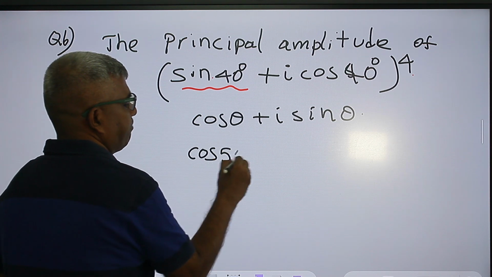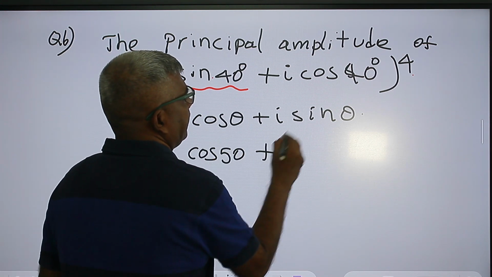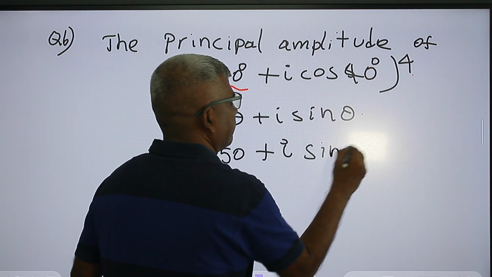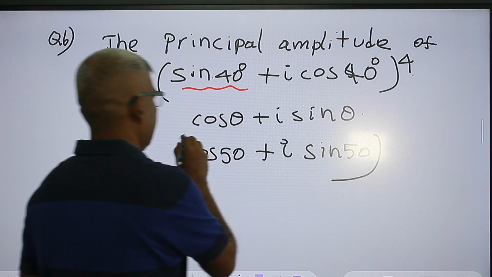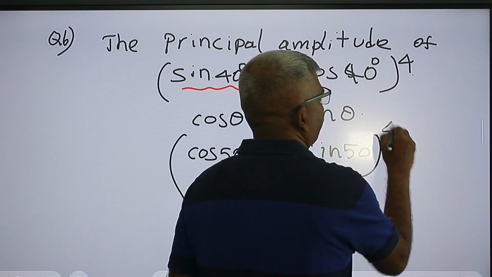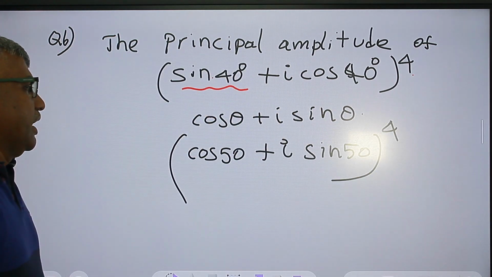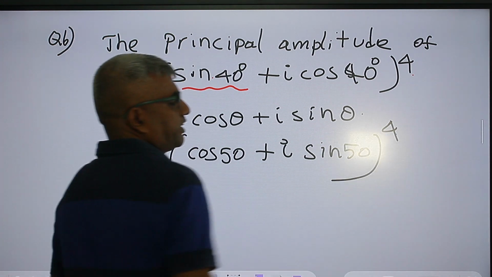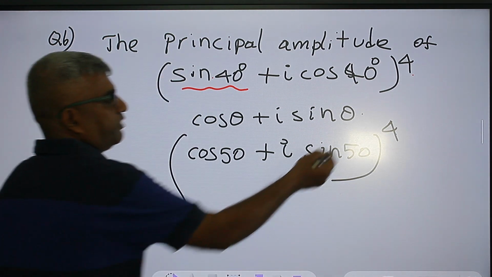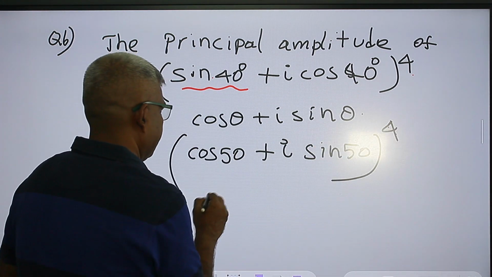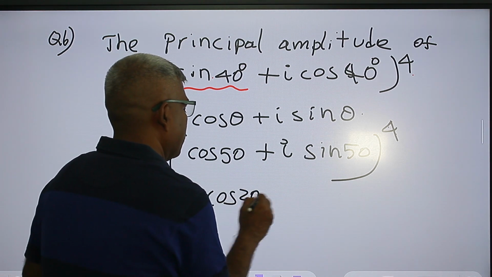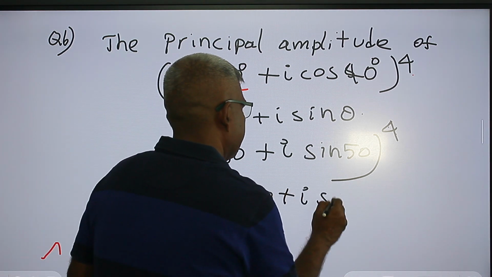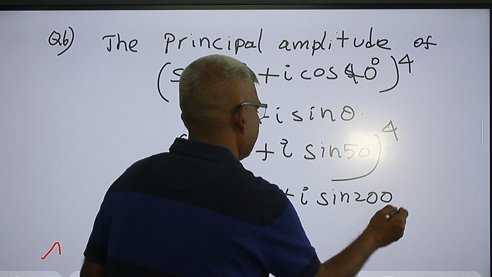So it is cos 50 plus I sin 50. Okay, power 4. As per the complex number property, if it is power 4, you have to multiply the angle by 4. Cos 200 plus I sin 200.